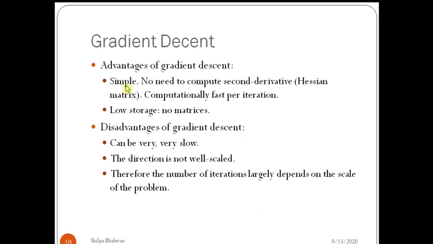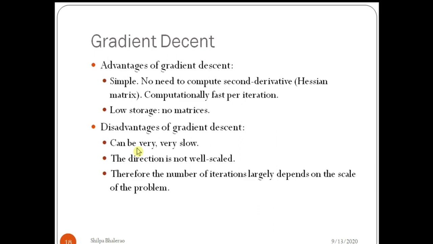So the major advantages: only the initial values are assumed and the rest is computed using the iterative method of the gradient descent algorithm. We don't have to compute the second derivative. Only the first derivative will decide the direction. We don't have to store the matrix either. It can be slow if the number of dependent variables is large, or we have not selected a proper alpha.